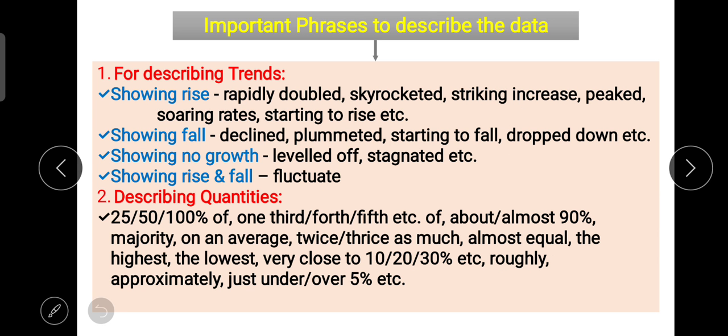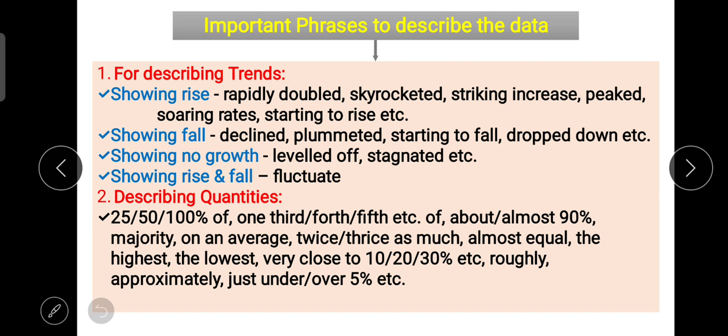Now, important phrases to describe the data. Different forms of data can be there and we need to use appropriate vocabulary, wording and diction for that. If there is a rise in the data, like in a bar graph, pie chart or line graph, and it sets a trend that is going upward, it shows the upward trend in the given data.